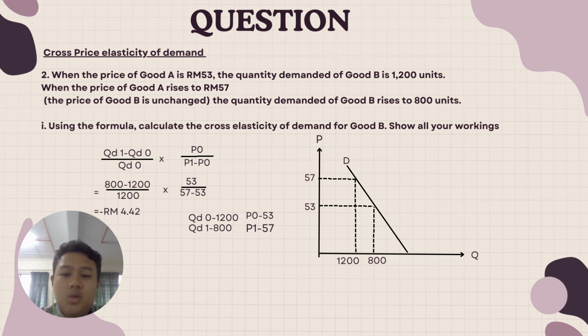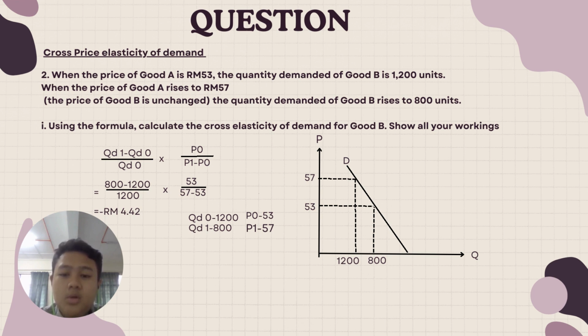The quantity demanded of good B falls to 800 units. The question is, using the formula, calculate the cross elasticity of demand for good B. Show all your working.